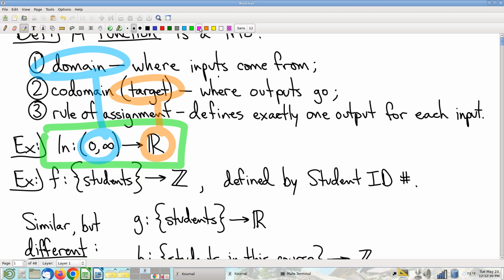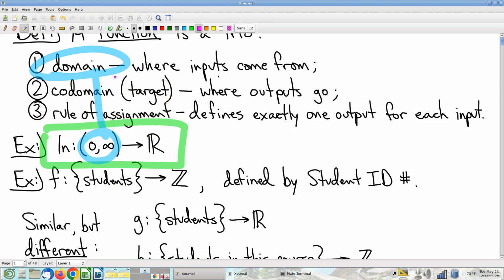And then there's the rule of assignment, and I'm going to say it's just log. The actual details of the definition of natural log is not really what I want to focus on here. But computing the natural log is how you take a number from the domain and produce the corresponding output value in the target. Okay, is everybody with me so far?